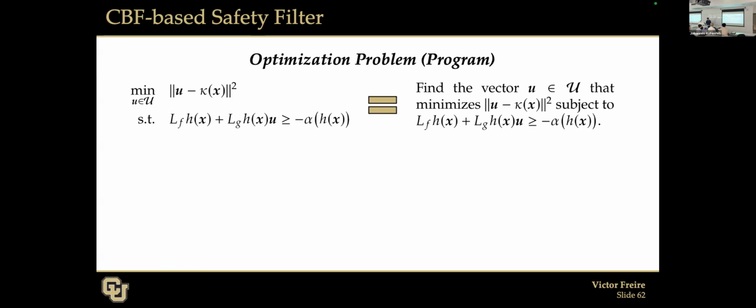That's a type of convex optimization that we know how to solve very well. There are many commercial solvers that will solve this in milliseconds for hundreds of states. Very computationally efficient. And I think that is the main reason why CBFs have become popular in practice and in the literature: how easy it is to solve the CBF-based safety filter.